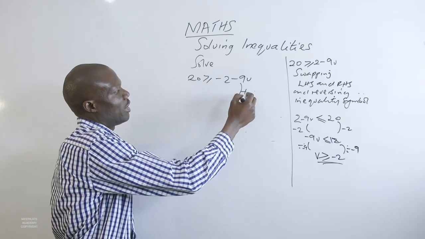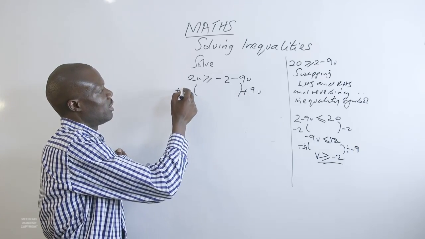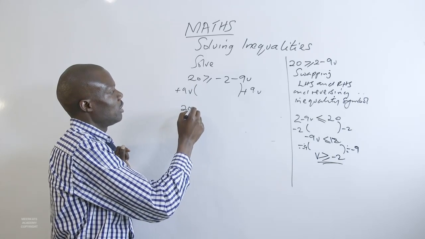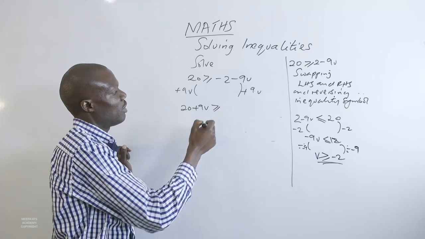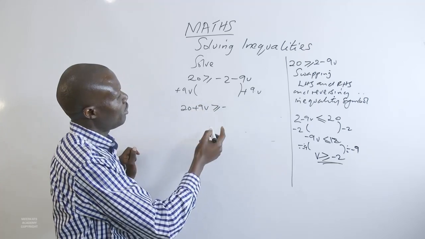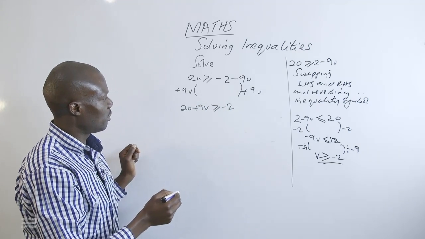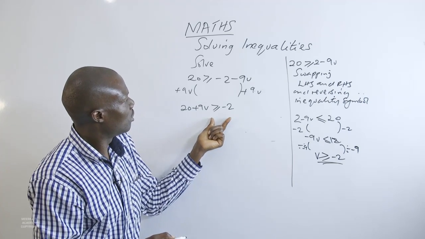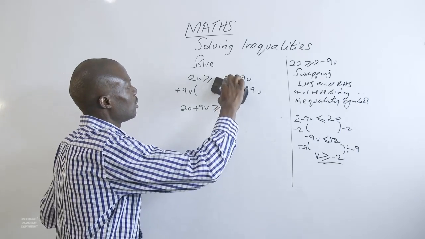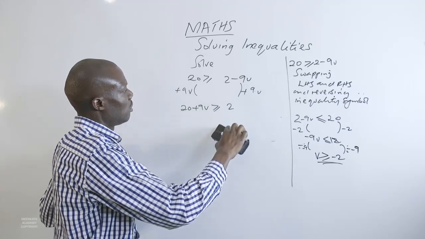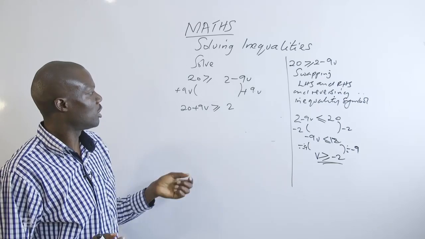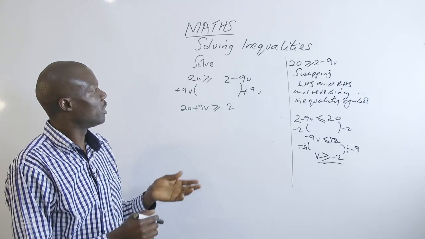So we shall add 9v, add 9v. When you do that, we shall have 20 plus 9v is greater than or equal to 2 on the other side.